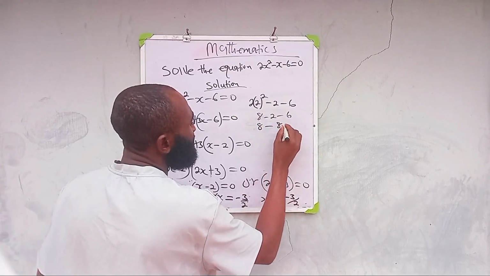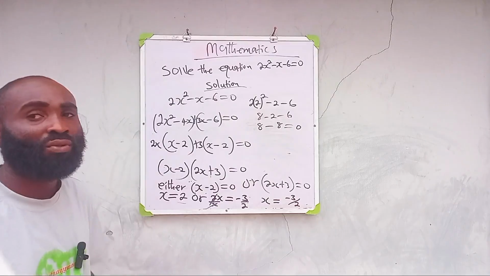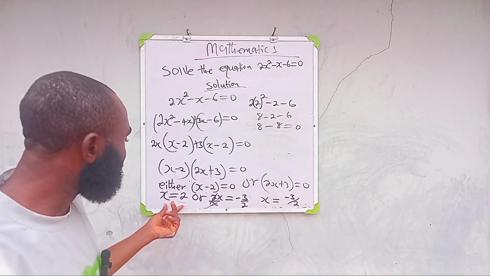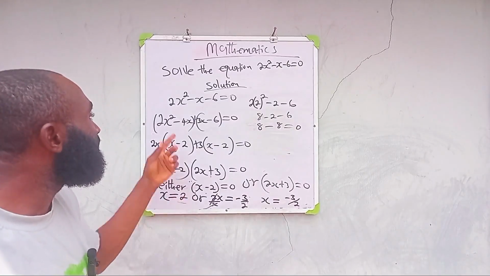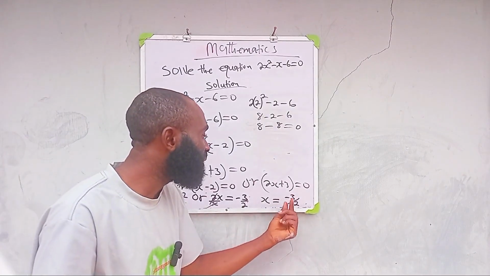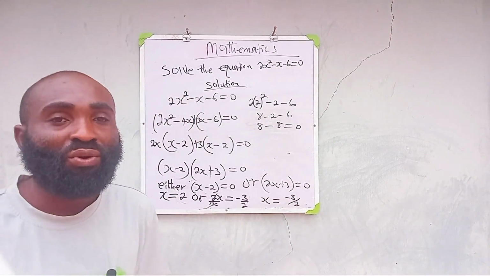So 8 minus 8 gives us 0. That shows that the two possible values that make this equation 0 are 2 and minus 3 over 2.